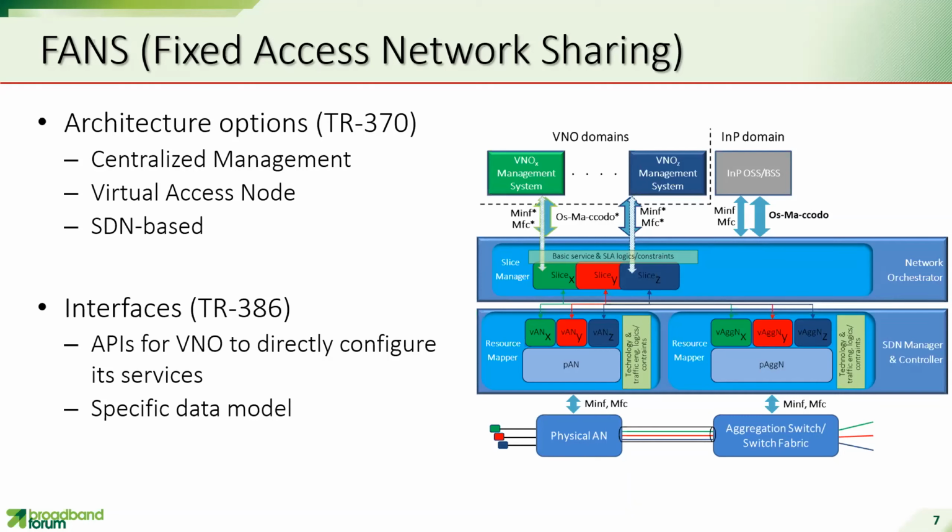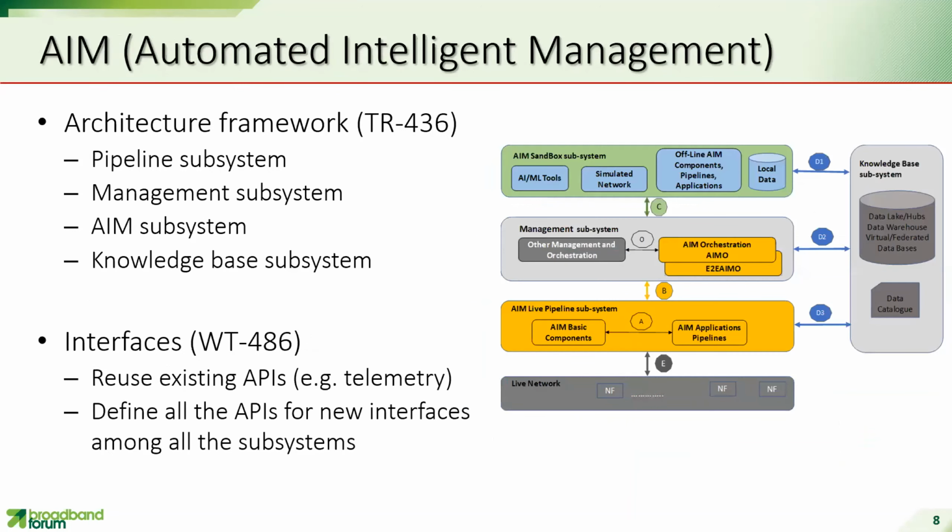Automated intelligent management. As the scale of the network increases, OpEx increases with it. The AIM project is defining mechanisms in order to reduce the OpEx. So the project specifies the logical framework of access and home network operations and maintenance automation.